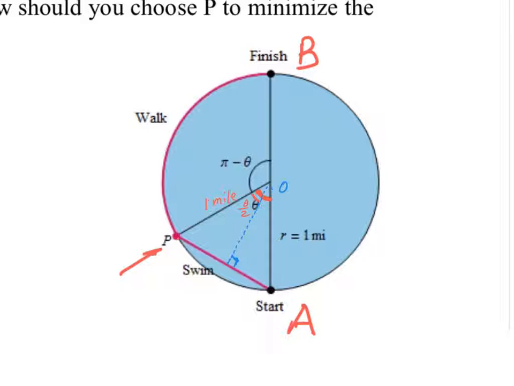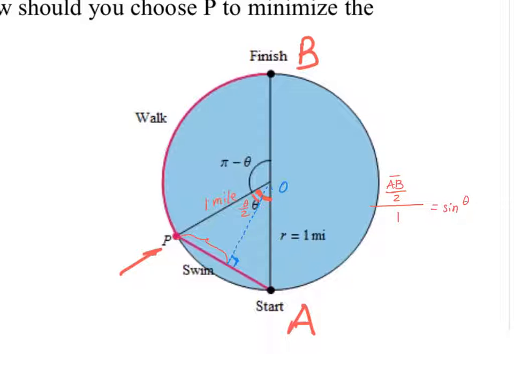Now, using the trigonometric sine function, this little segment, which is half of AP, over the hypotenuse, which is this particular one, which is 1, equals the sine of the angle, which is half of theta.